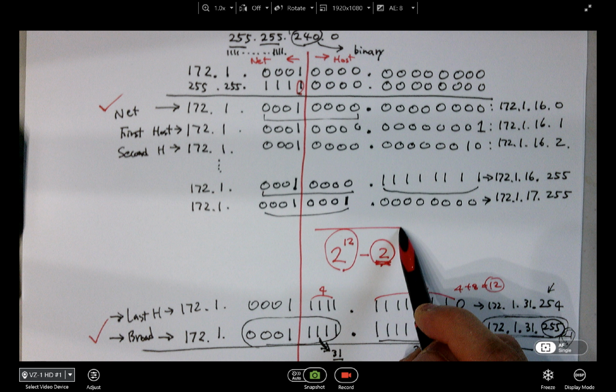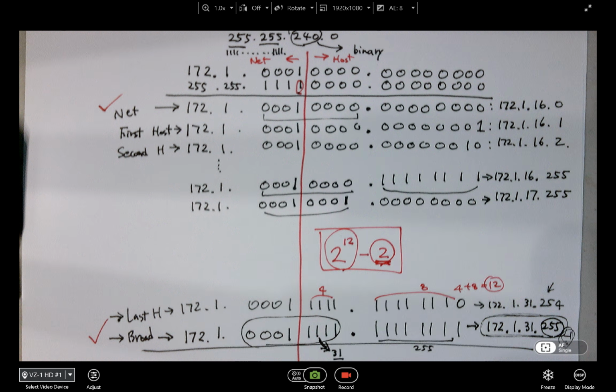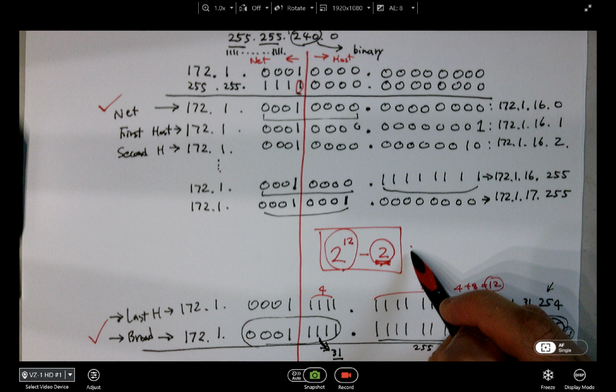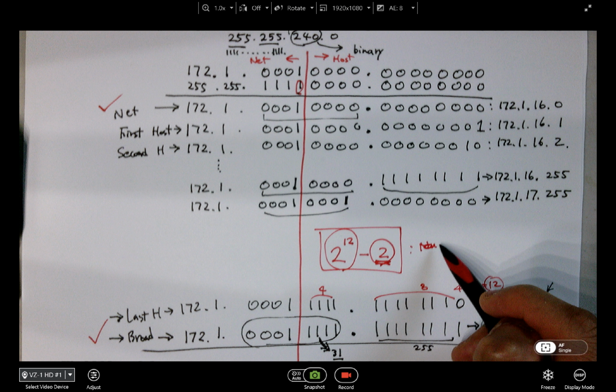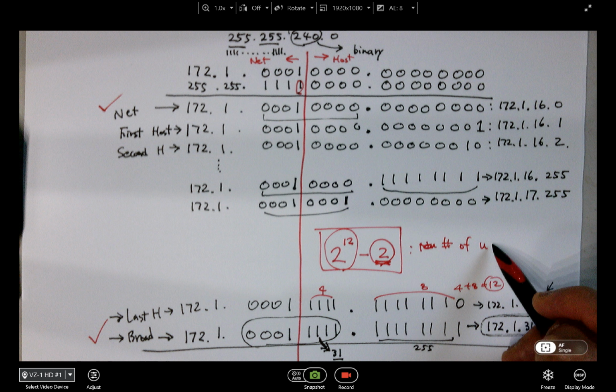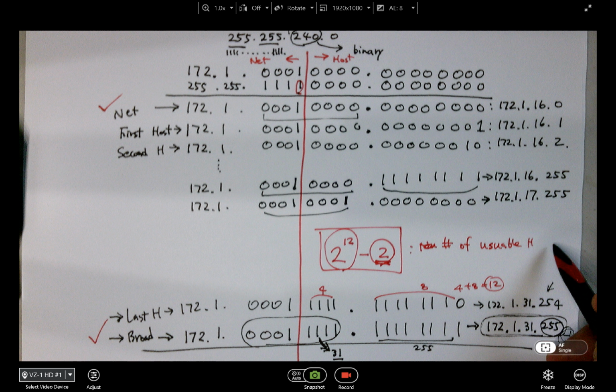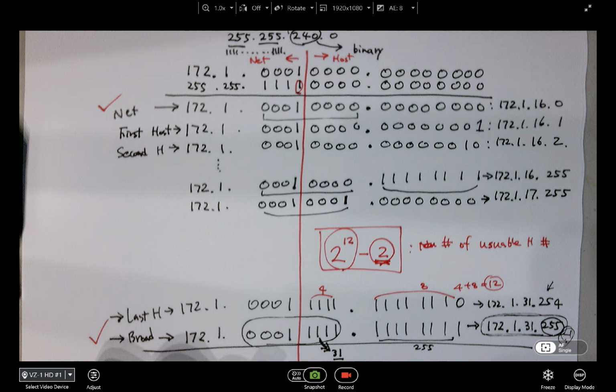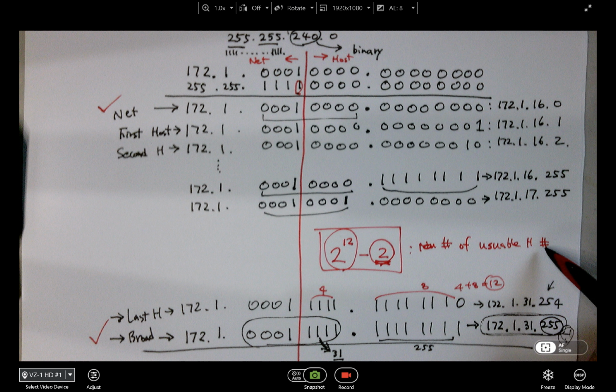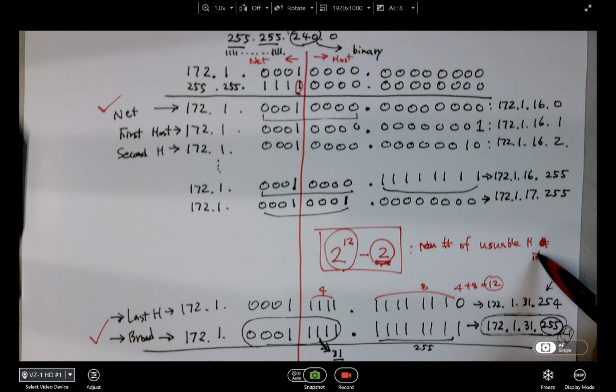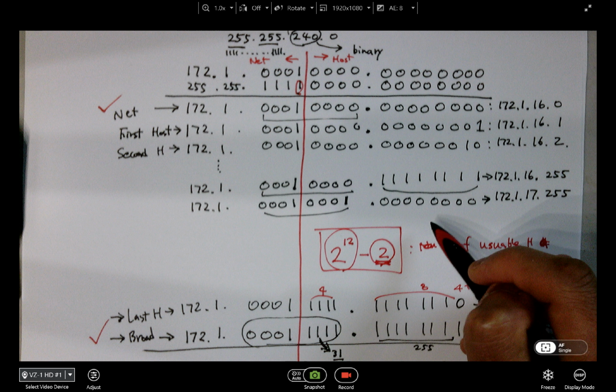So this is the answer: the number of usable host IP addresses.